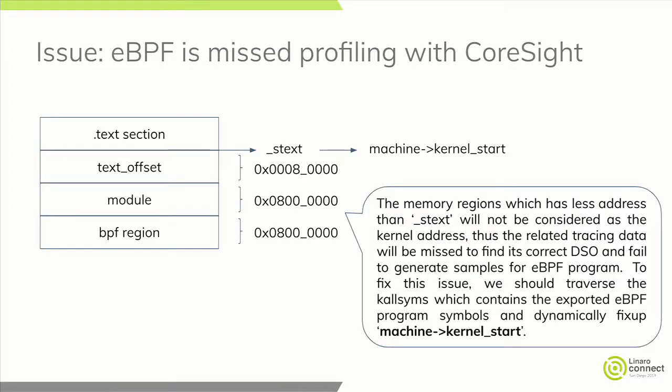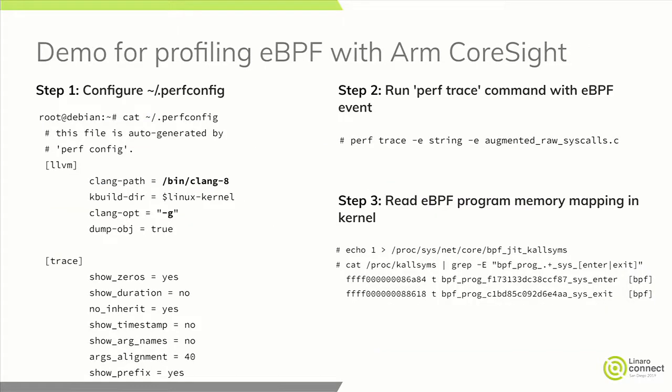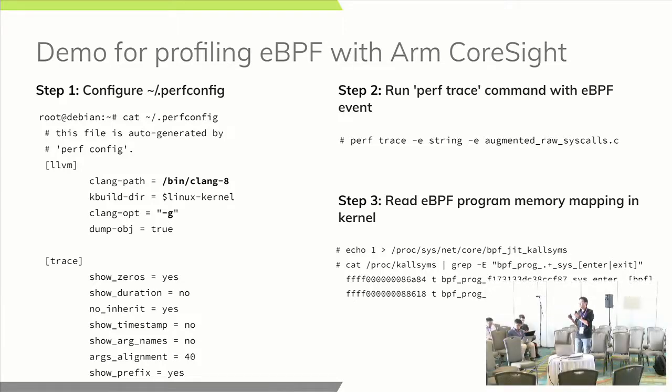So there is one fix we need to do: fix up the kernel start variable in Perf. We need to update it to contain the memory regions for these regions. After fixing that, here is a demo. We run Perf to trace the system calls. In the meantime, we run some very heavy workload, for example building the kernel, so there are many system calls.